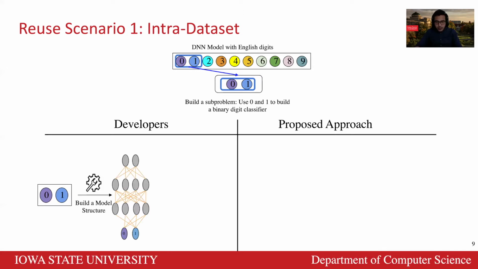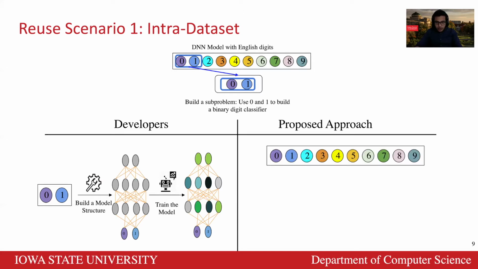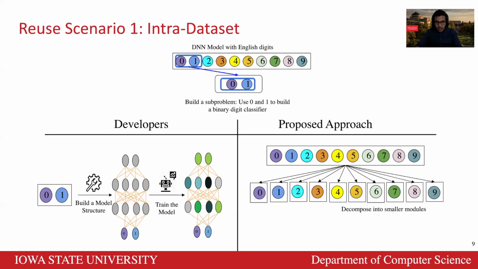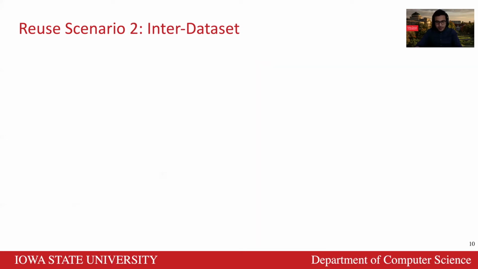Then the developer will take the training dataset for 0 to 9 and partition it to extract labeled training samples for 0 and 1. Then with the new training dataset, the model will be retrained. Whereas in our approach, we will decompose the DNN into 10 modules and reuse the modules responsible for recognizing 0 and 1 to build a binary classifier.